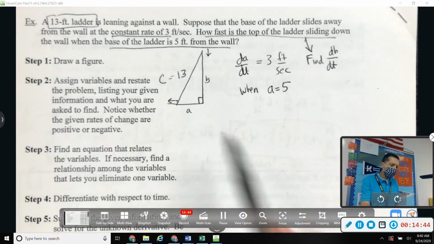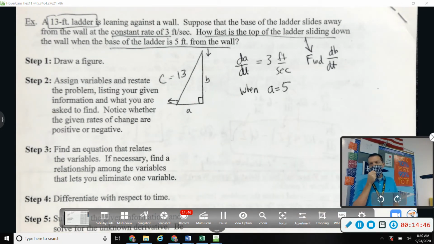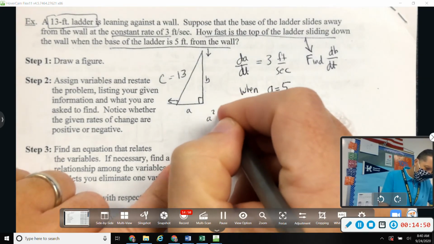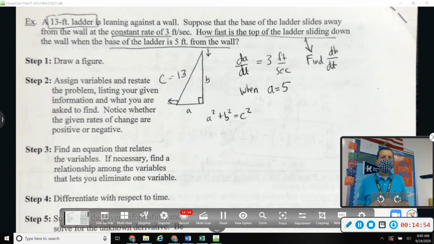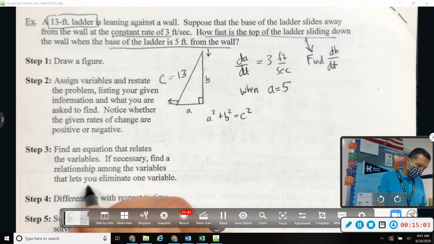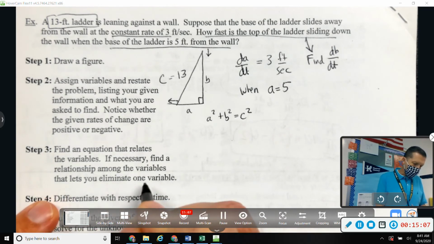So I got a picture, I did my translating, now I need an equation that relates them all. A squared plus B squared equals C squared. Sometimes you find a relationship among the variables that lets you eliminate one variable.